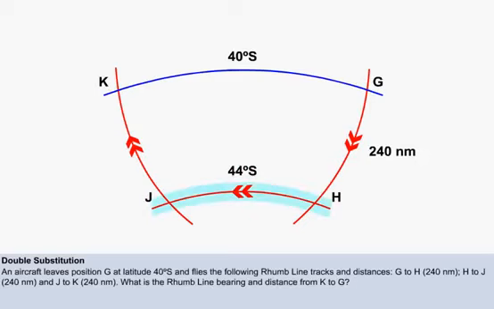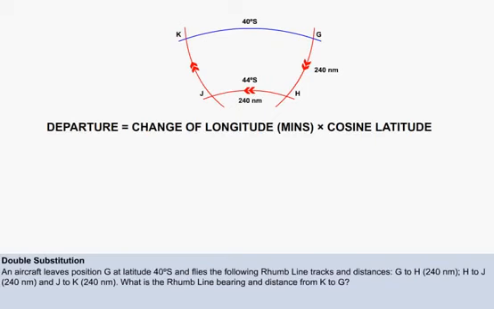This will be the same change of longitude as from K to G. Once we know the change of longitude from K to G, we can find the departure at 40 south. Write the departure formula down for the 44 south situation. Departure equals the change of longitude in minutes multiplied by the cosine of the latitude.